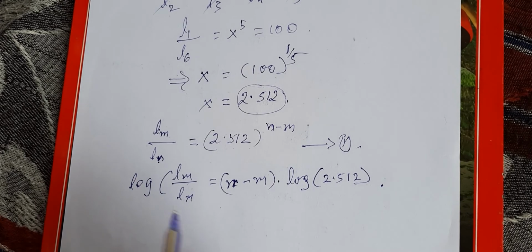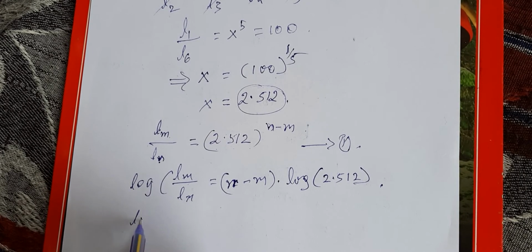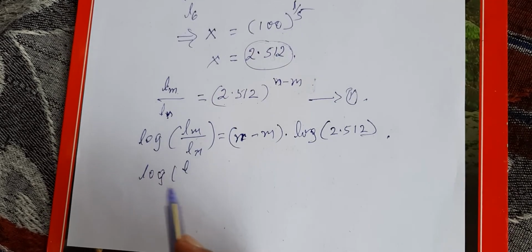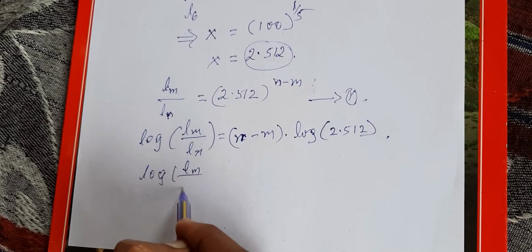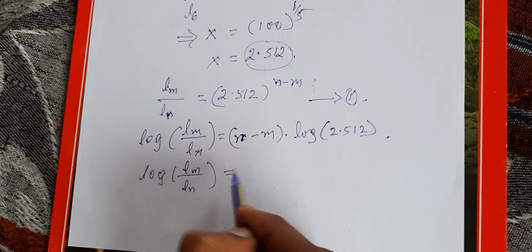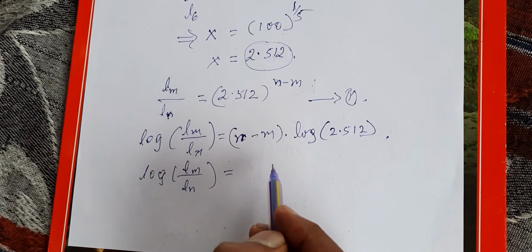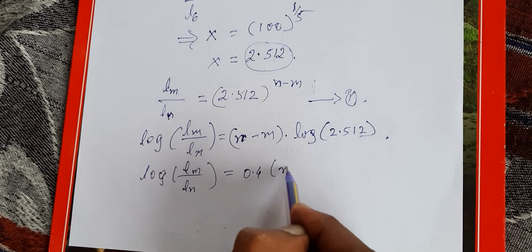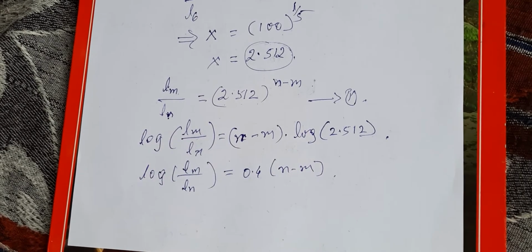If you simplify this, log of 2.512 is 0.4, so log of Lm by Ln is equal to 0.4 into n minus m.